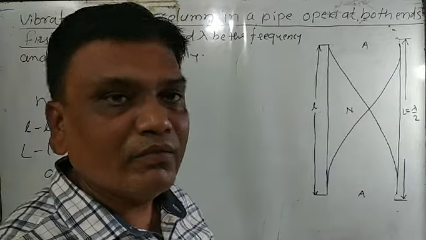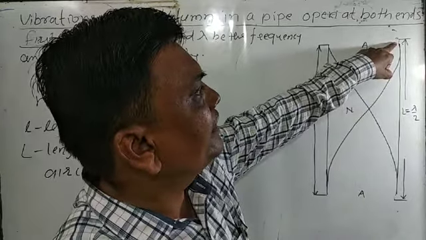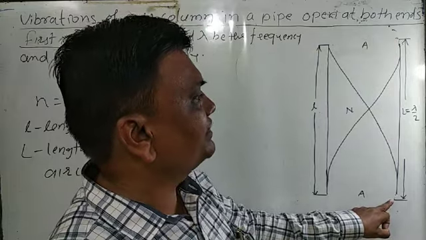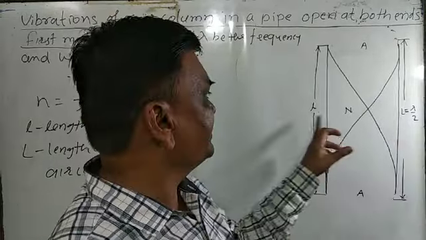So if the ends are open, then there is an end correction. That's why this length is greater than this length.